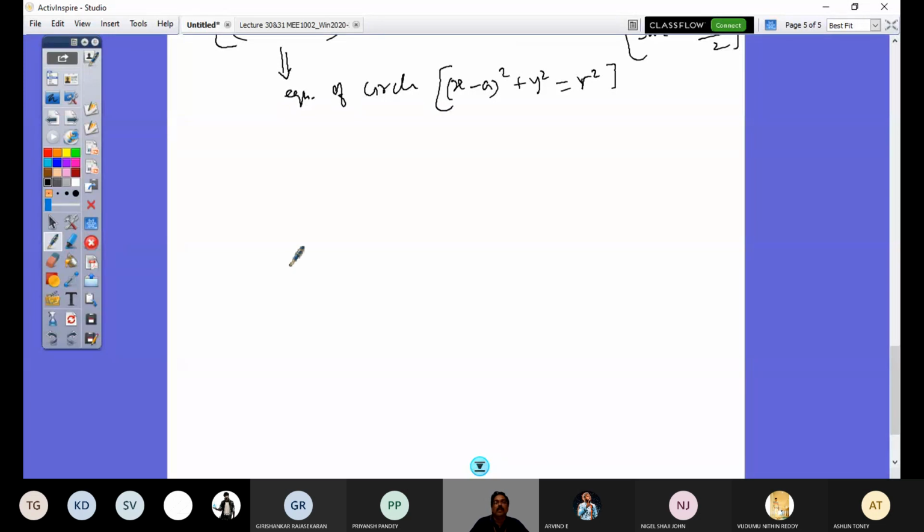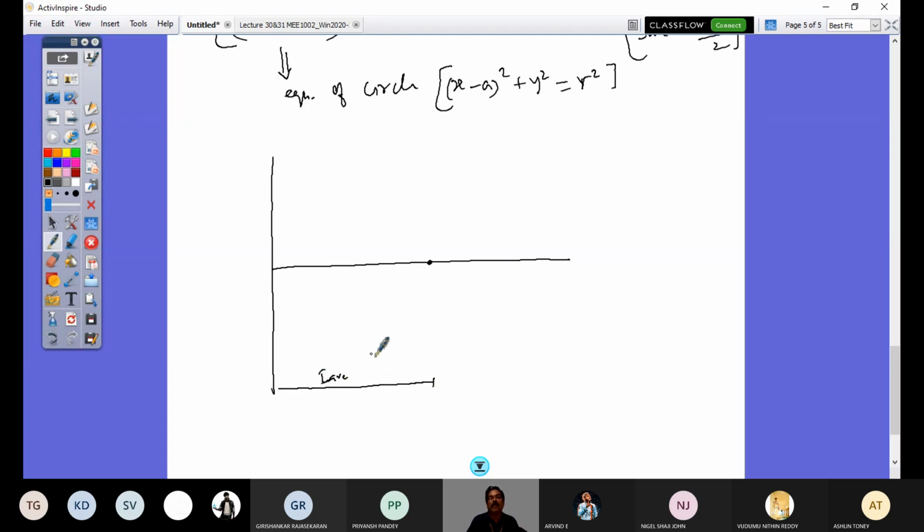In this way, let me have a vertical axis and a horizontal axis. In this axis, let me represent a point M. Point C is the center of the circle, and this point is at a distance from here with an I average value.